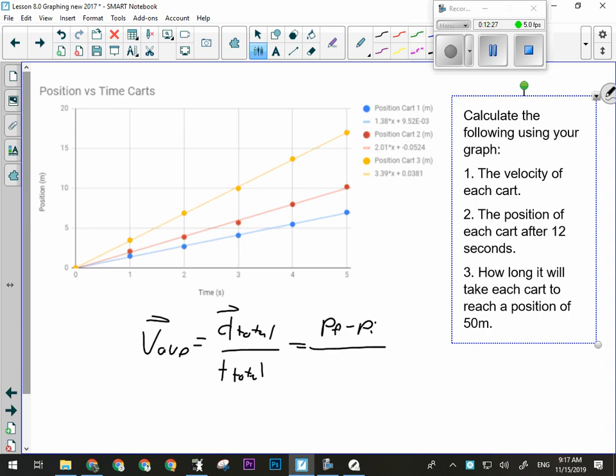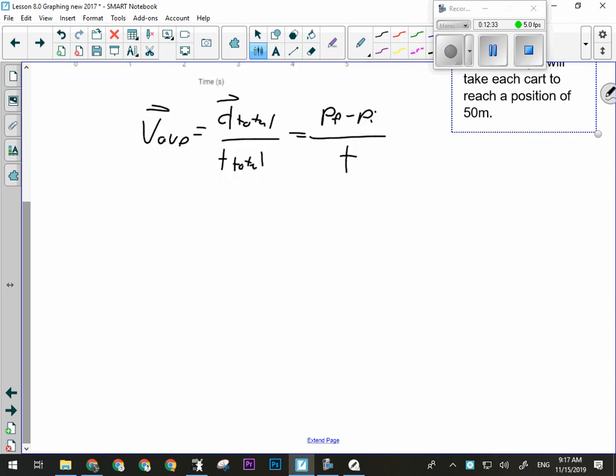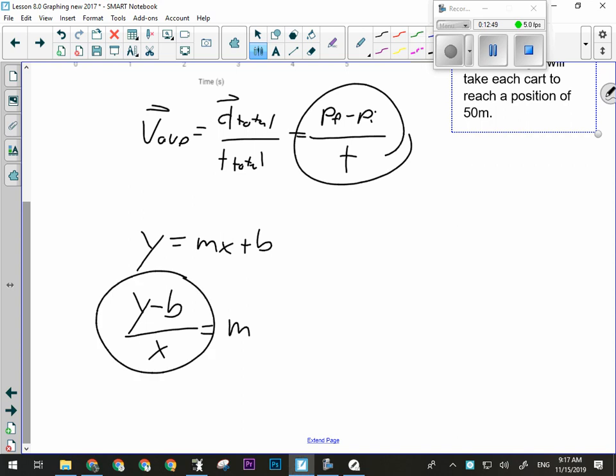And then I divide by time. When I solve this equation for slope, I subtract b, and then I divide by x. Does that look a lot like this formula? That's because it is that formula.